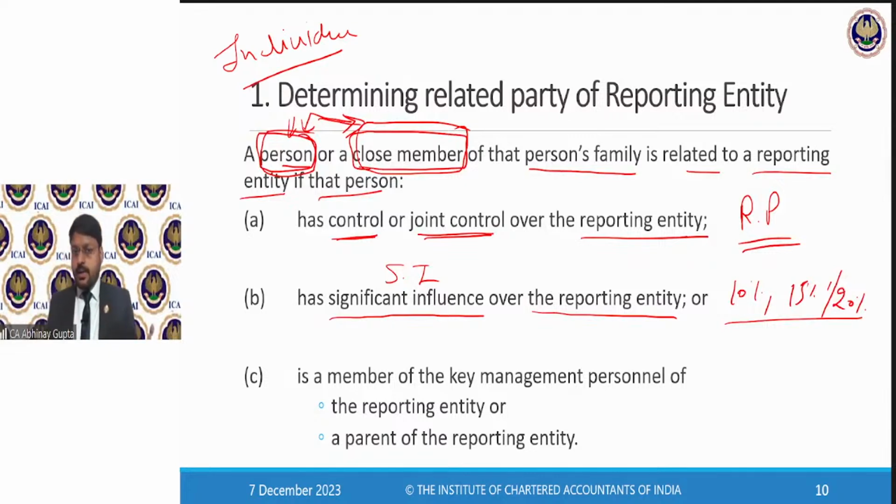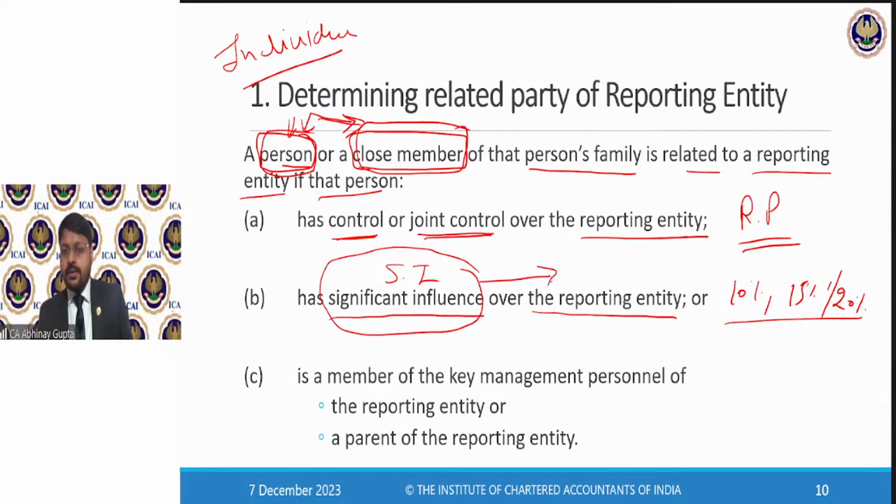For example, if I say, boss, please declare a dividend at the rate of 10% this year, and I can influence the management to actually declare that dividend, then it means I have significant influence over the entity. So if I have that significant influence, then I will be regarded as a related party.